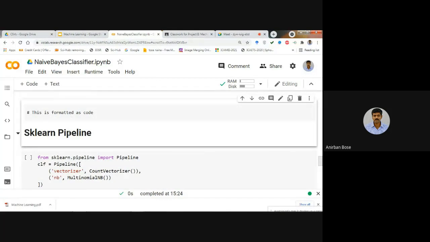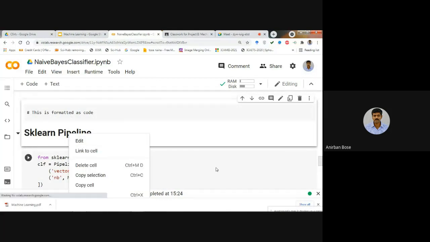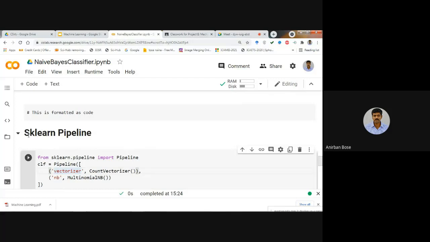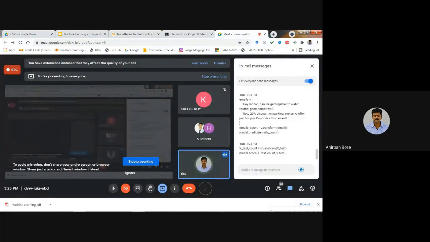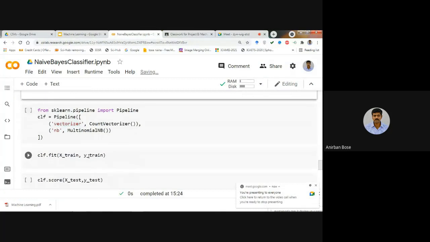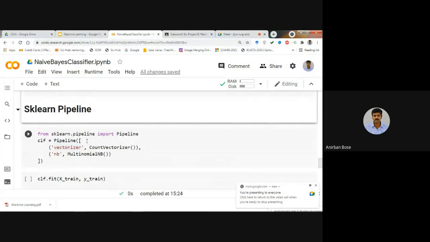Remember, within a text cell you write this one, not in a code cell. And then for using the pipeline, you have to import pipeline from the sklearn pipeline.